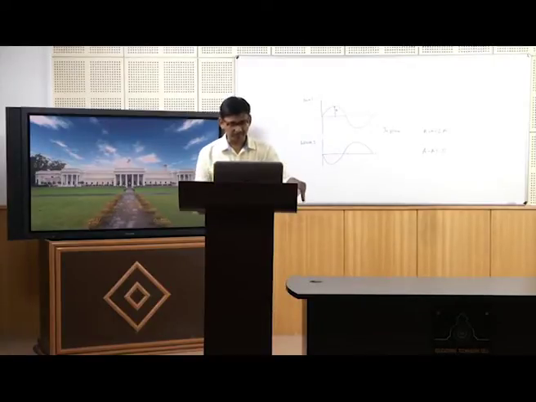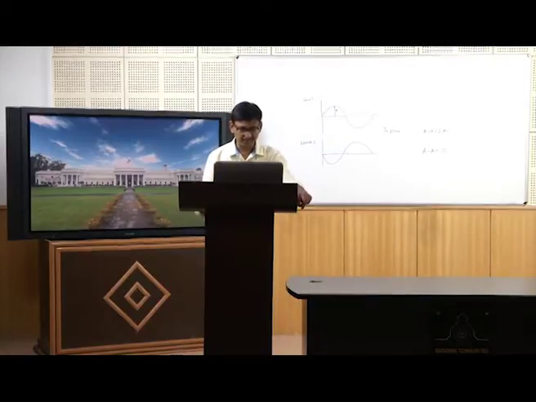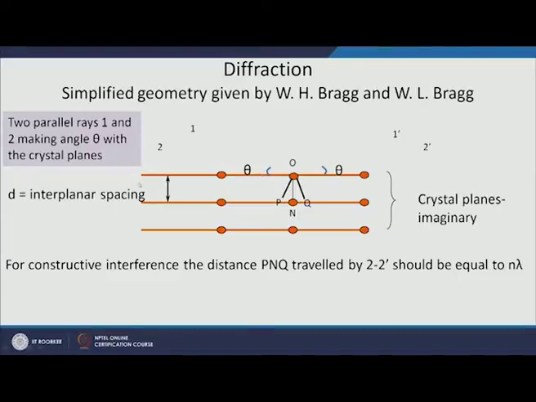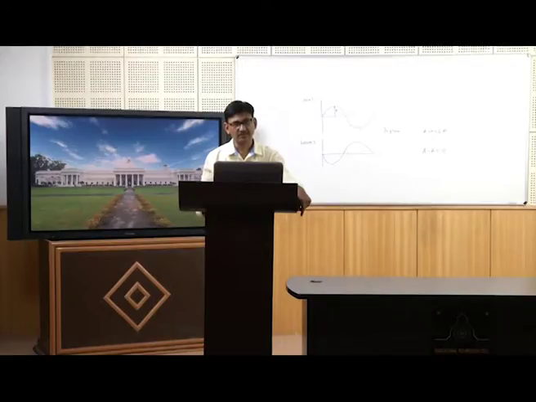So, now there is one schematic here, okay, you have the crystal planes here and the atoms are regularly arranged here in crystal planes, okay. Now, suppose there are two parallel rays 1 and 2 which are falling on this particular crystal, okay, at an angle theta, it is making an angle theta with the crystal planes, okay.